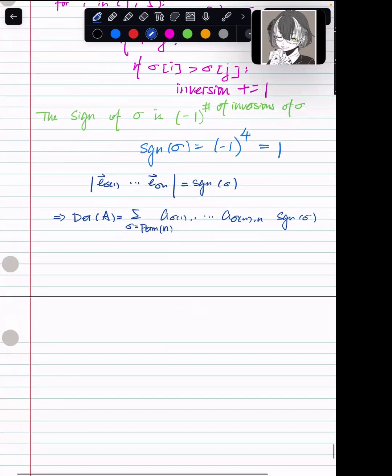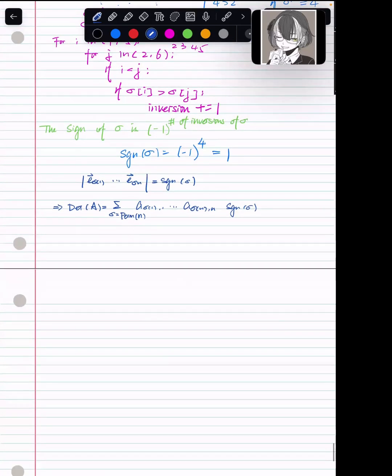This is our final definition, and let's do an example using it.